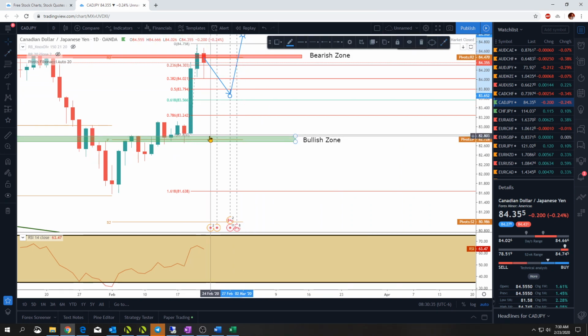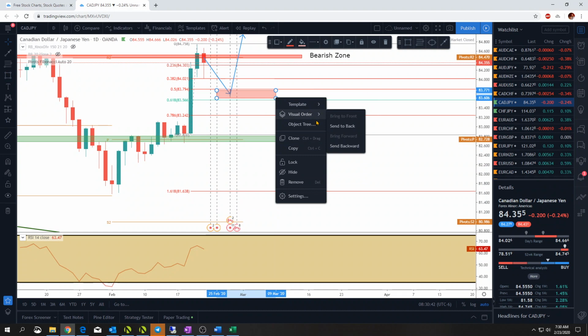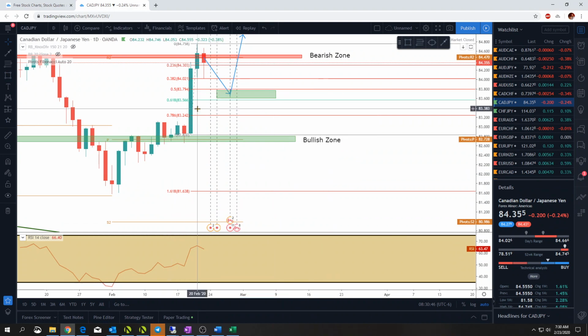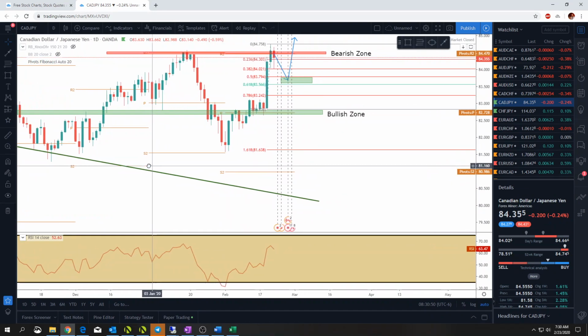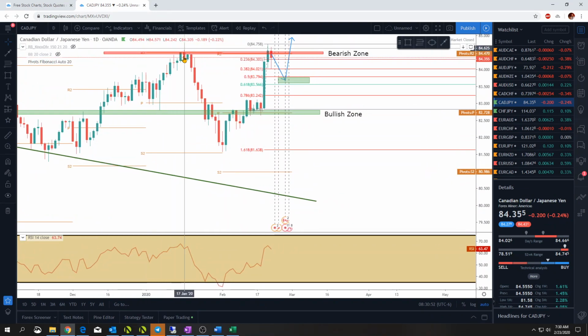So I'm going to put our little bullish, bam, right there. And I'm going to leave the Fibonacci on this one. I mean, look, great time to sell from right here.